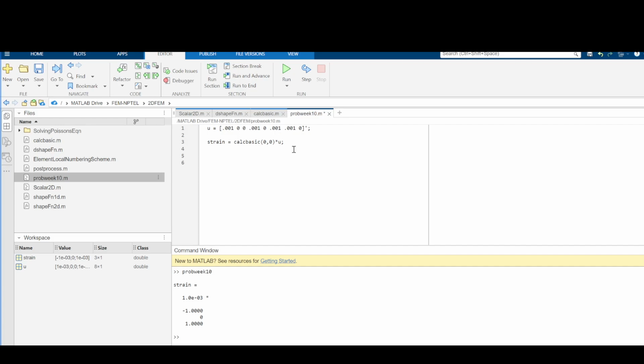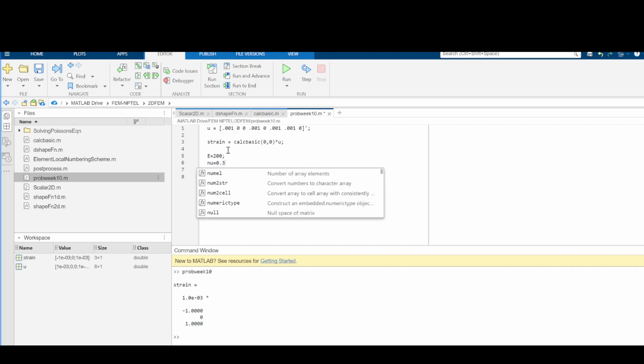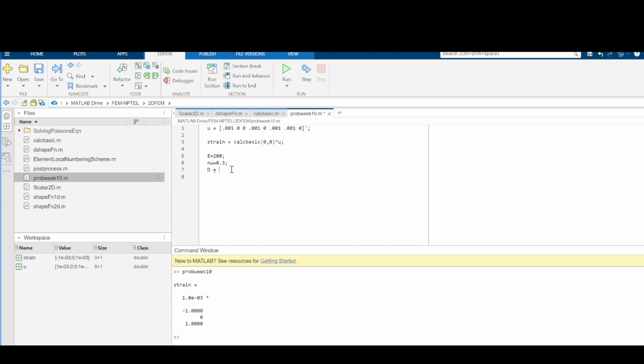We can just find stress also using that. So we just need to define our D vector for stress. We can just copy it from somewhere. So if we define E as 200 and nu as 0.3, we first consider plane stress, E divided by 1 minus nu, into 1 plus nu, right?